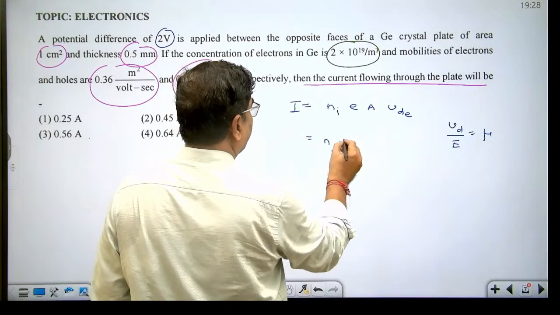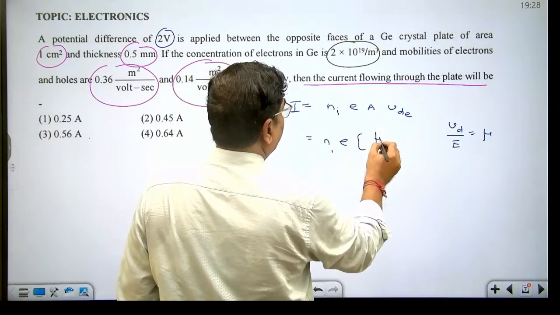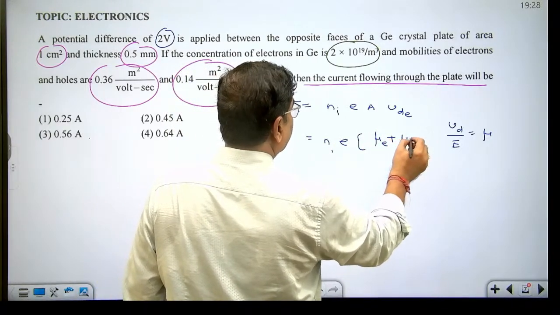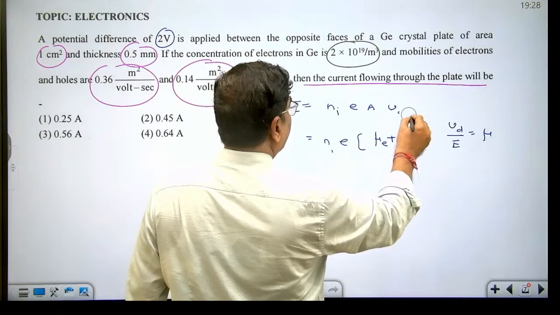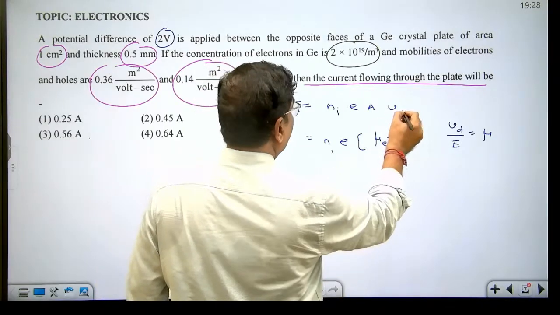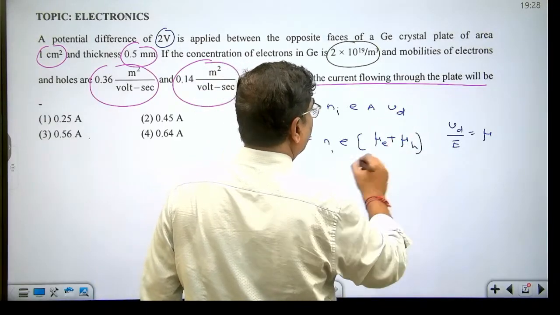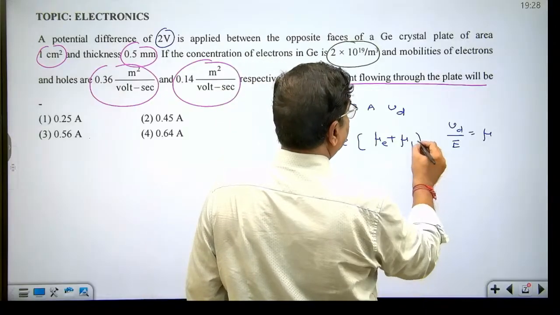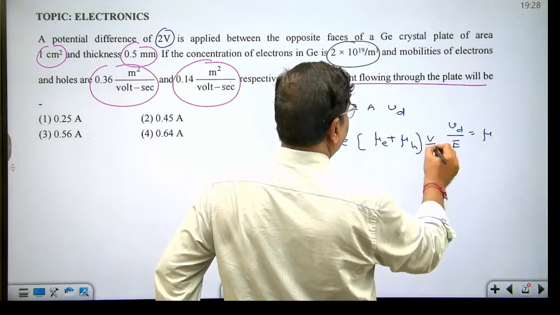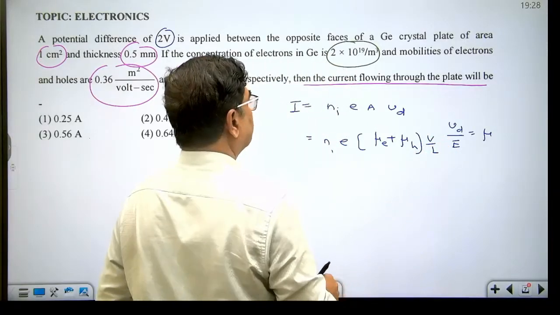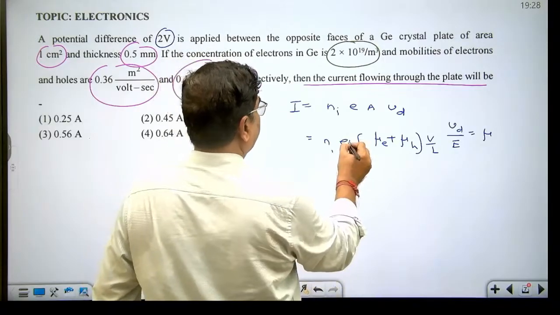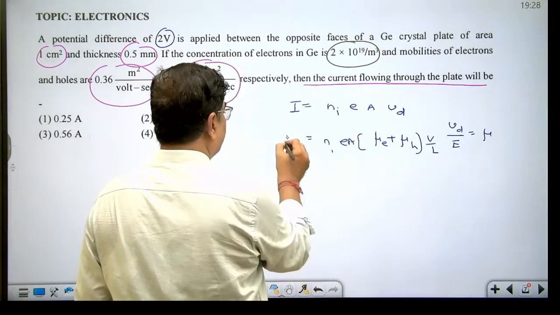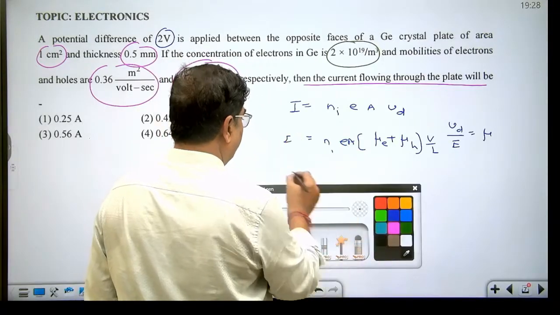So this is n_i e (mu e plus mu h) into E, and E is V upon L, into A. So we will apply this formula and solve the question.